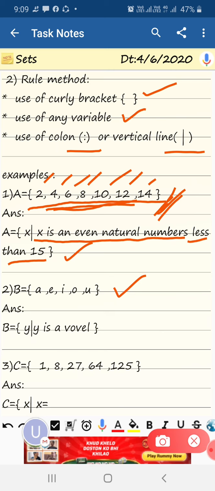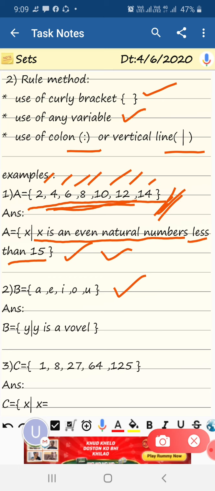First we will see how to read it. The curly bracket is read as the set of x, and this vertical line is read as such that: the set of x such that x is an even natural number less than 15.